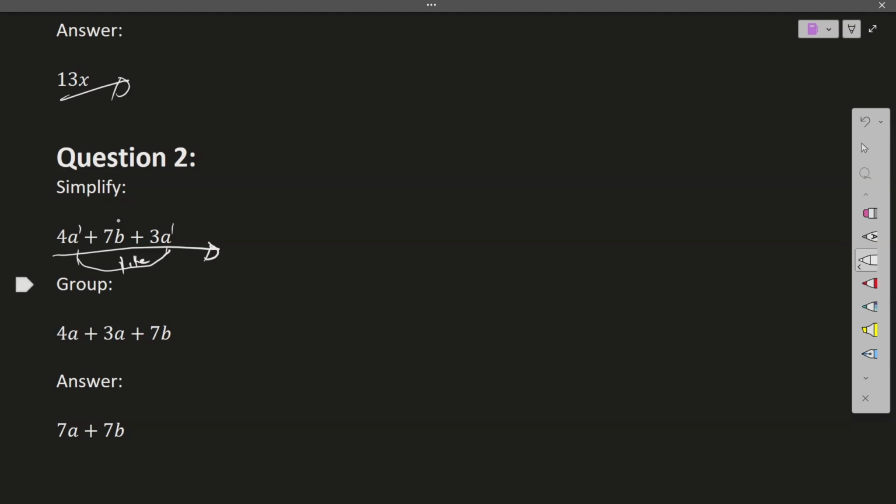You can group them if you want to, or you can just add them, but for beginners I would like you to group them. 4a plus 3a, and then you add the 7b, which is just the remaining term. And here's your answer, 7a plus 7b.